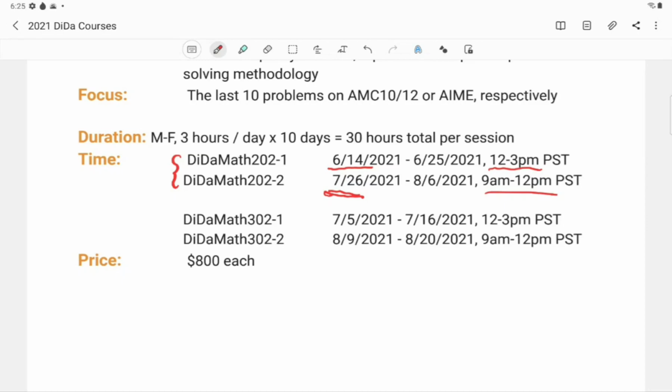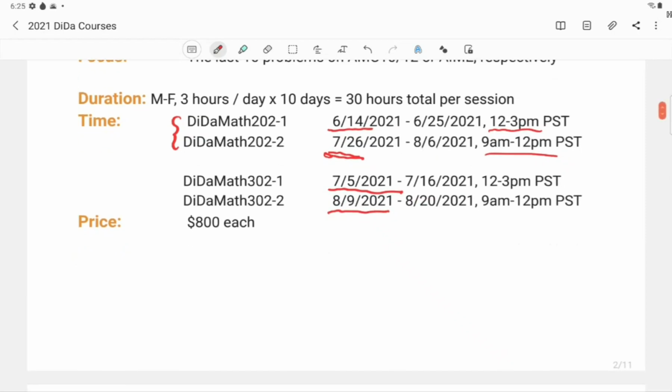And for AMY, the same thing. There are two identical sessions. One starts on July 5th, the other on August 9th. For each session, it also costs $800.